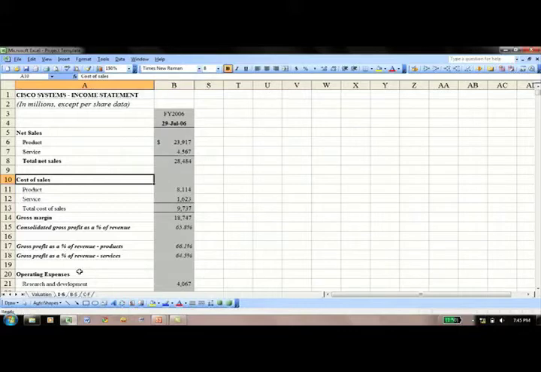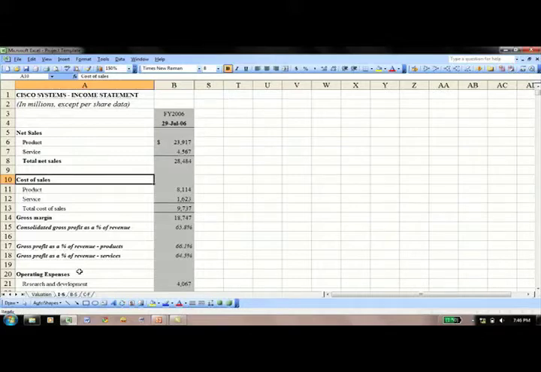This is the cost of the sheet metal, the cost of the various electronics that go into the box, the cost of the software that goes into it, the cost perhaps of shipping the product from places such as manufacturing locations abroad to the US. So all of that is included in this cost of sales.